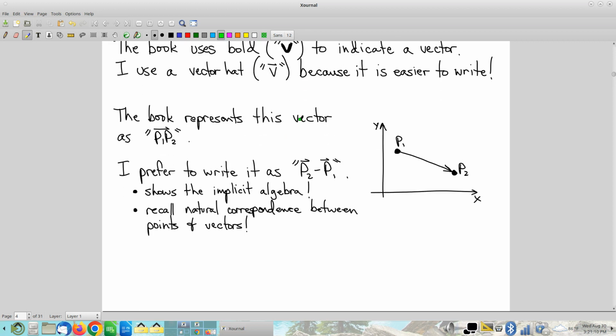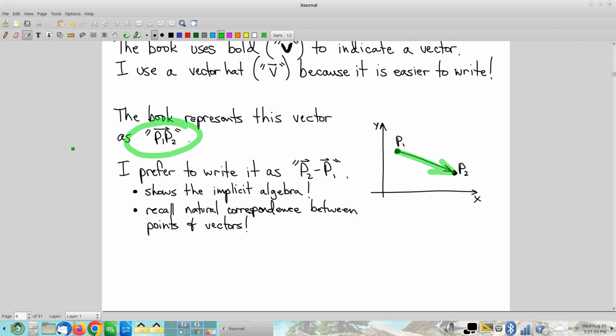Another notational observation. This vector right here, represented by this arrow between those 2 points, the book refers to like so. I guess that's fine. It goes from P1 to P2. Okay, so that makes sense.